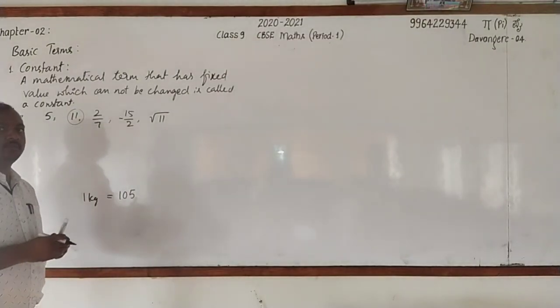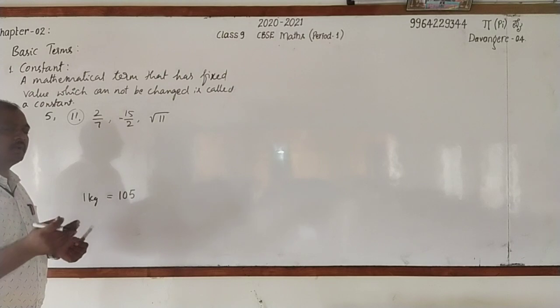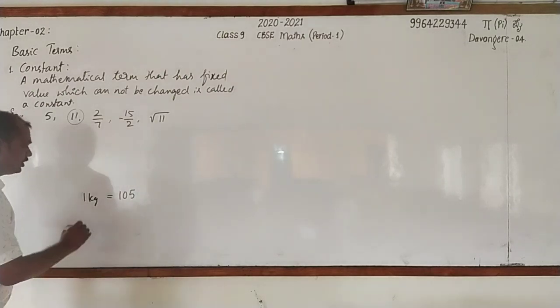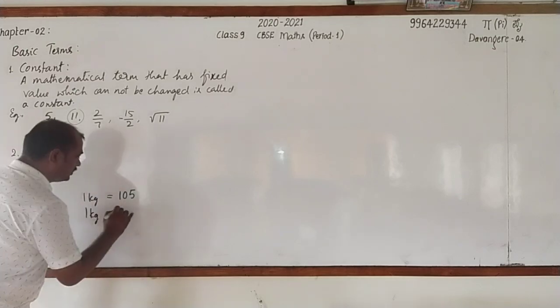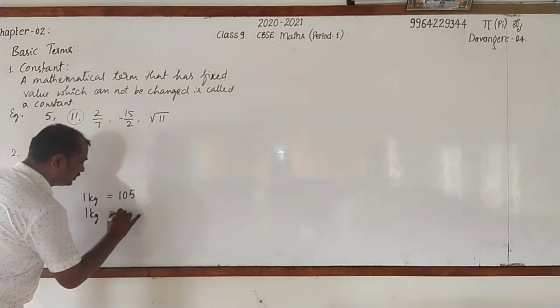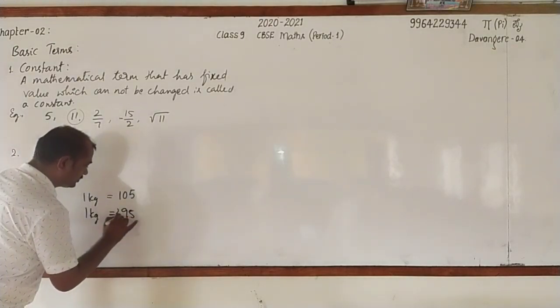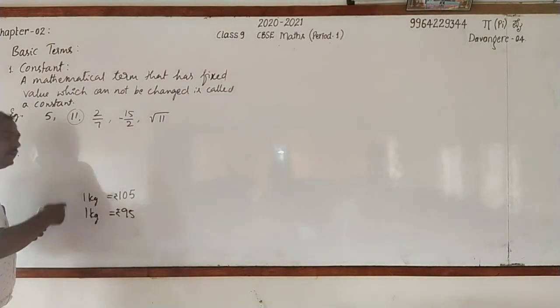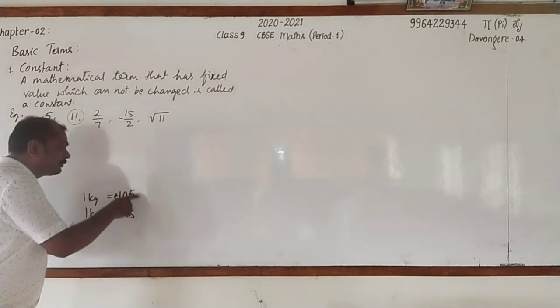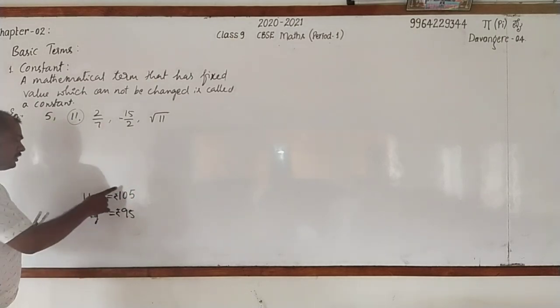And this week also you have already assumed that you have already gone to that shop. Again you have bought 1 kg of apple, but today it is about 95 rupees. Got it?